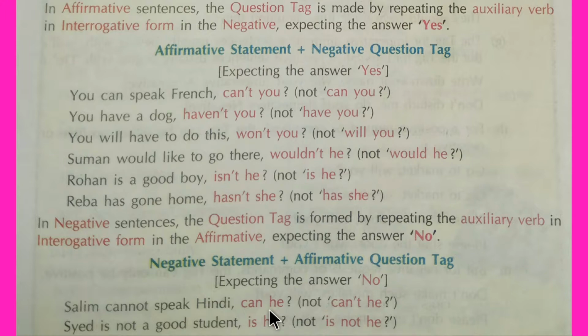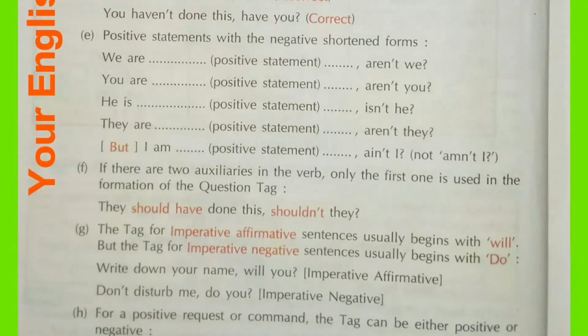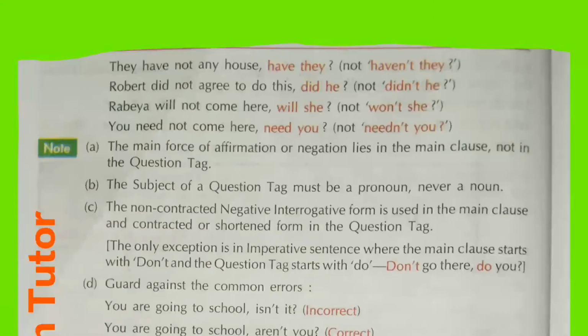No. We are expecting no. Well, here are more examples that will help you to understand these things clearly. They haven't any house. Have they? Well, this is negative, this is positive or affirmative. However, Rabia will not come here, will she?